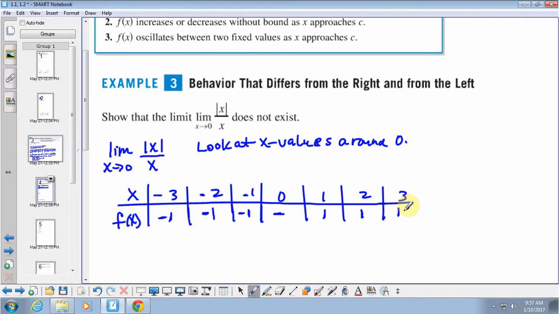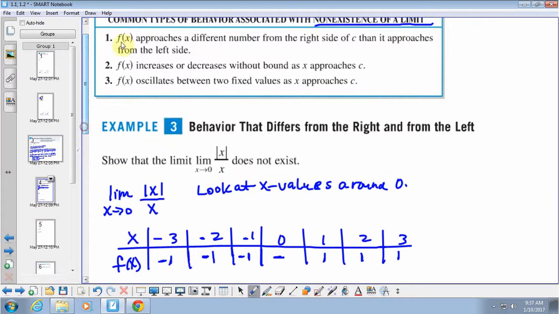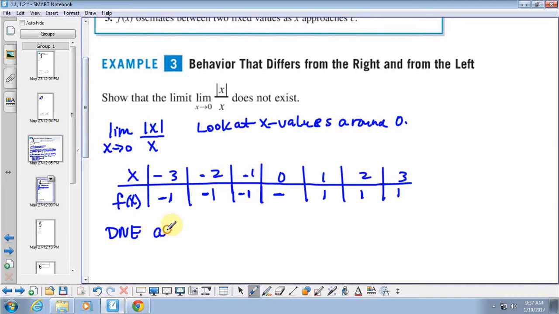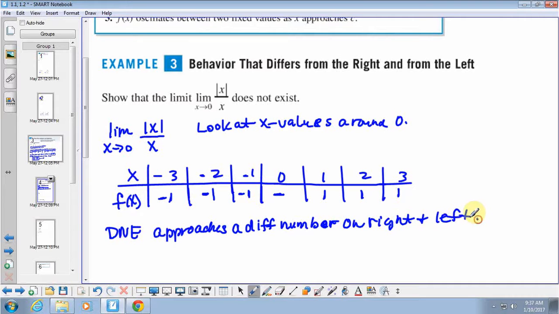So on the left-hand side, we have -1 going in. On the right-hand side, we have 1. So this limit does not exist, and it's for reason number 1 here. We are approaching a different number on the right and the left.